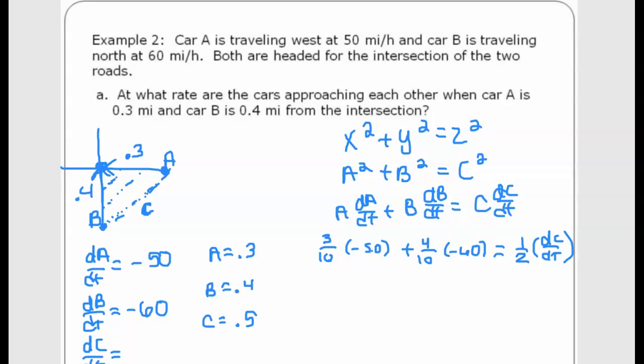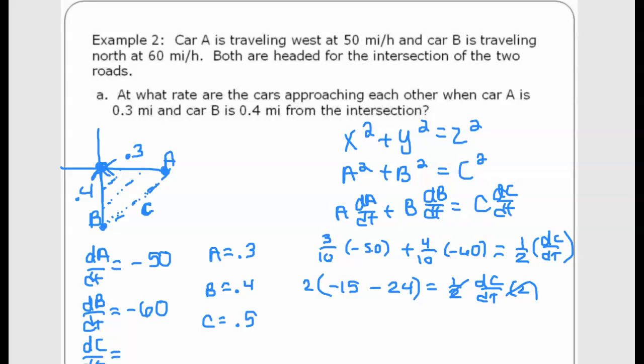So then you get negative 15. 60 divided by 10 is 6. So you get negative 24. Equals 1/2 dC/dt. So the reciprocal of 1/2 is 2. So you're going to multiply both sides by 2.